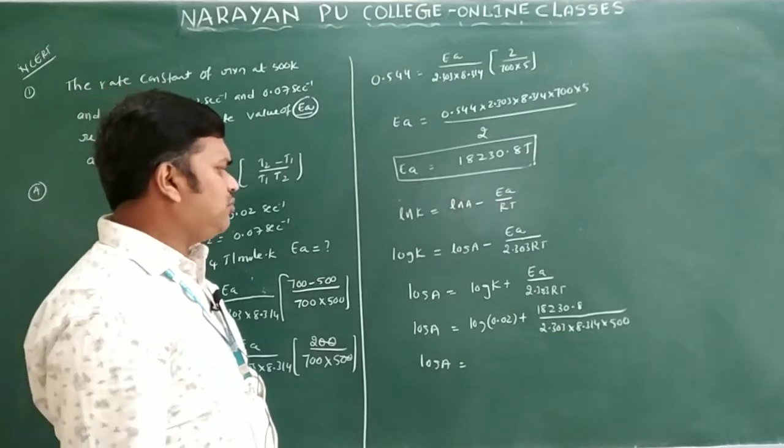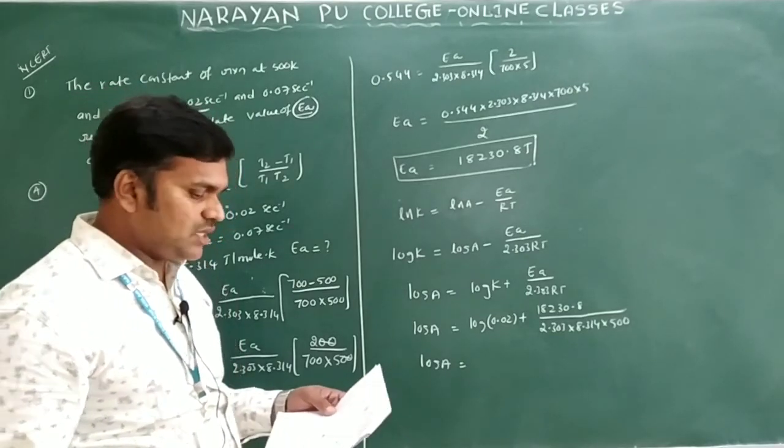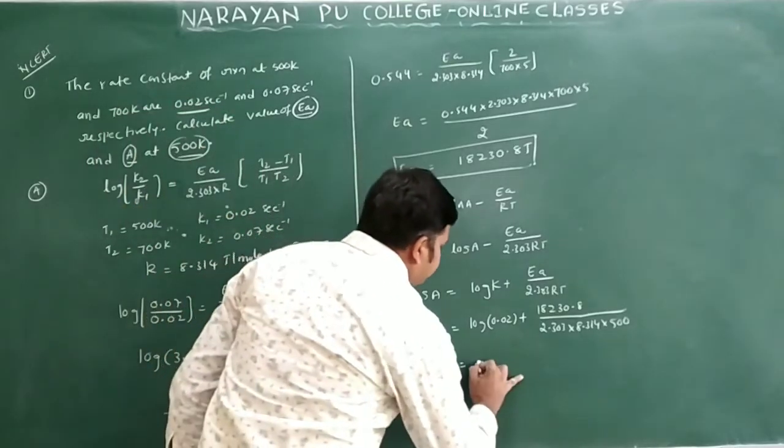So we write it as bar 2. That value you will get as minus 1.699.